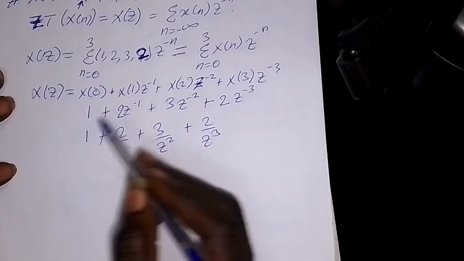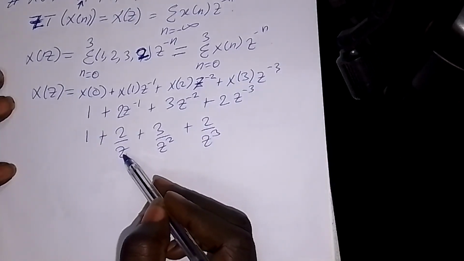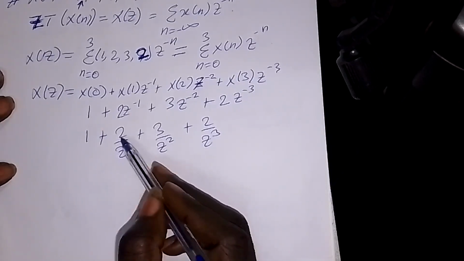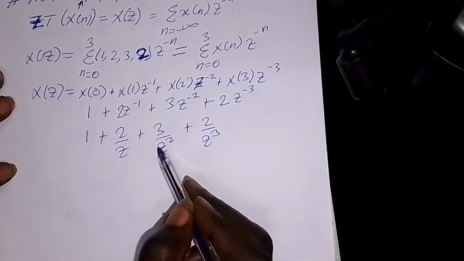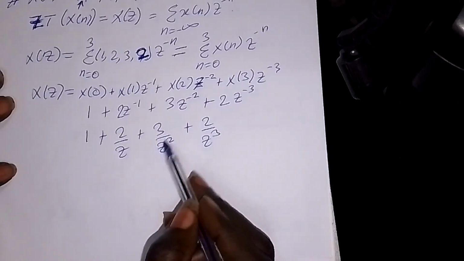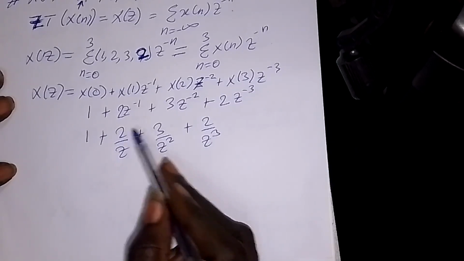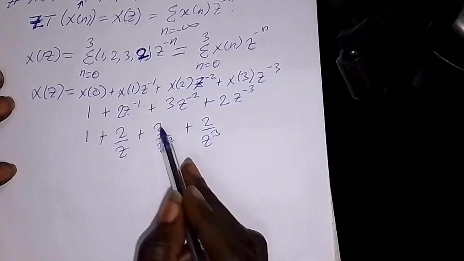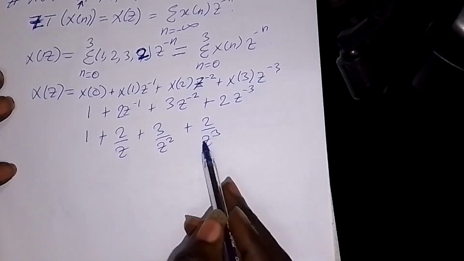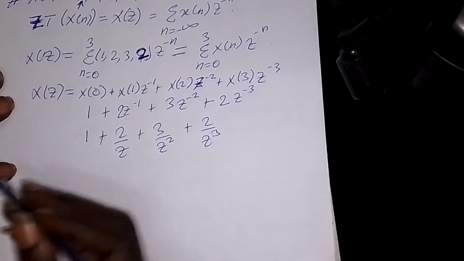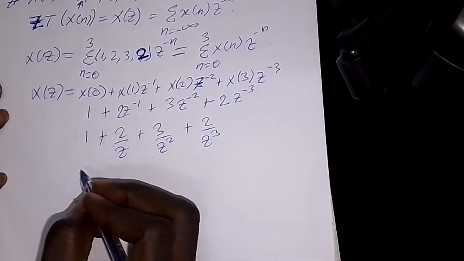Now what you can see is that if you divide this 2 by 0, it will be infinity. If you divide this 3 by 0, it will be infinity. If you divide this 2 by 0, it will also be infinity.